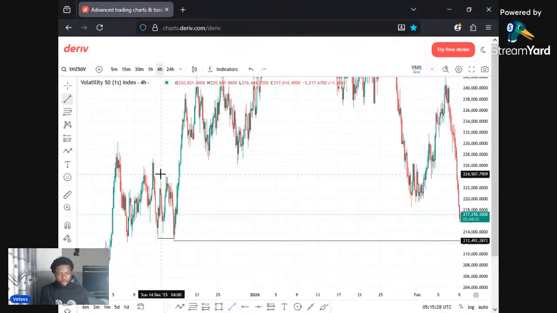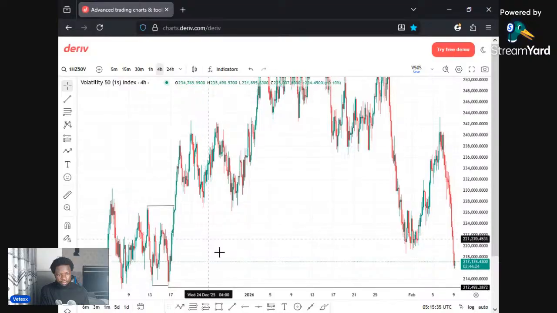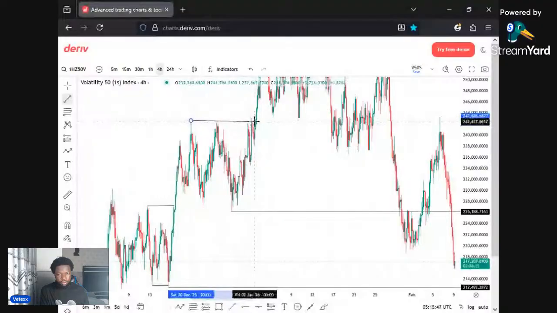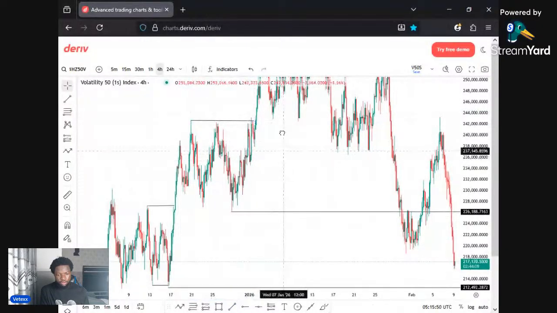This is our first break of structure. This is our structural liquidity. This is our second break of structure. So this one becomes what?